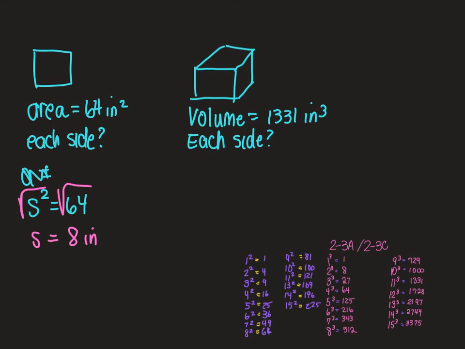Volume is side cubed. Side times side times side, where they all match, they're all the same number. So if side cubed is 1,331, and I cube root each side, look at your list. That means each side is equal to 11 inches.